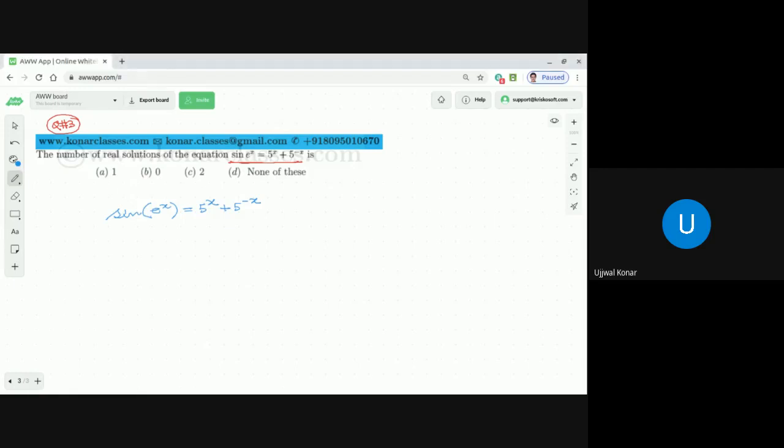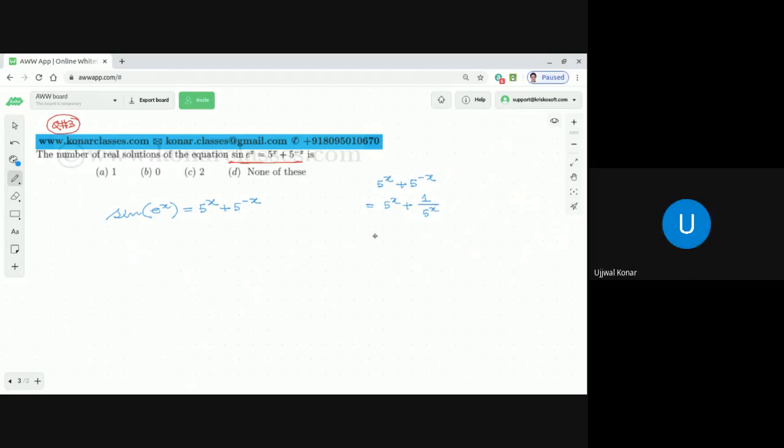Okay, shall I help you, dear students? Yes, sir. Okay, so let's now focus on that 5 power x plus 5 power minus x. This is equal to what? We can write 5 power x plus 1 by 5 power x.